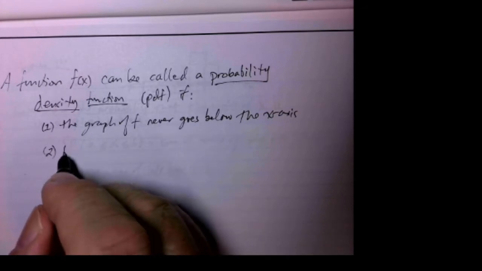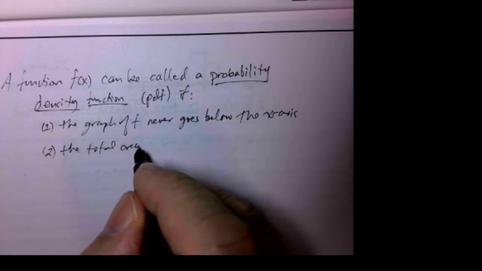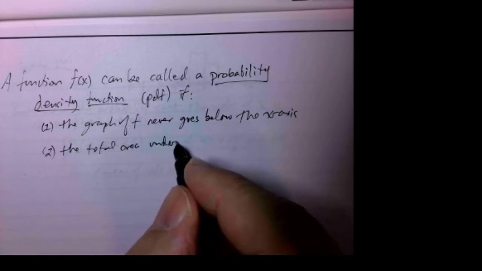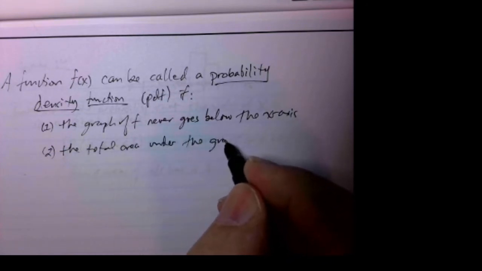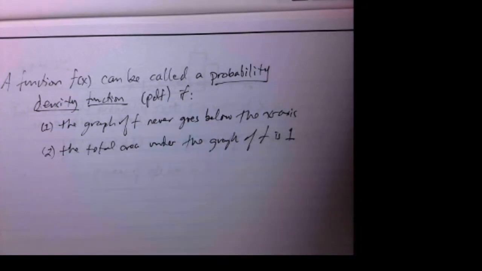And secondly, the total area under the graph of f is 1. Right? Those are two qualities that the curves that we were just using had. The graphs were always above the x-axis, or at worst touching the x-axis, and the total area under them is 1.